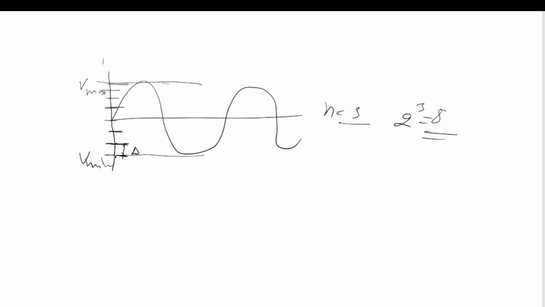The quantized value is in the middle of the two levels: if any value lies between these two levels, that quantized value is represented by this. Let us represent it as Q1 and Q2, and this is V minimum. First let's go to the MATLAB code, then I will show you how this performs.